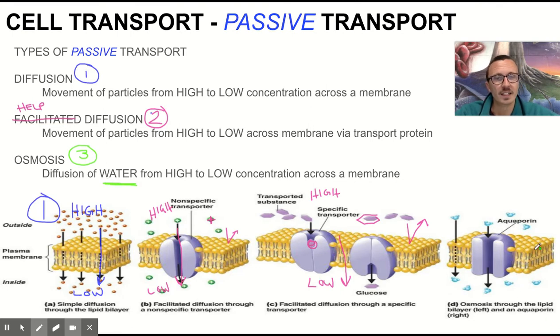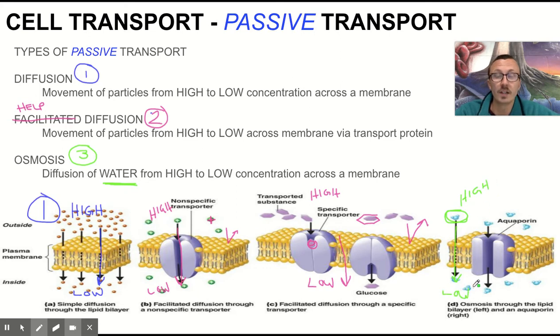And so down here, we've got water molecules, and water molecules are really small. H2O, we're only talking about 3 atoms here. And water can easily find its way through the plasma cell membrane. And water would still want to go from high concentration to low concentration.